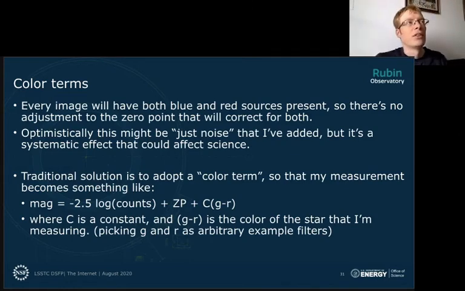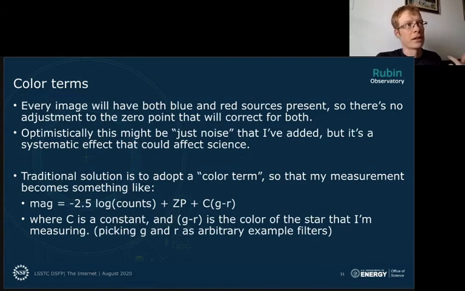So the traditional solution here is to adopt what we call a color term. So now my magnitude equation is basically the same thing of counts plus the zero point, plus I've added this C coefficient times a color. So now for each star, for each galaxy, I need to know a G minus R color, and I can't know that from just one image, so I've got to bring some other information to bear to know how to correct each individual object.